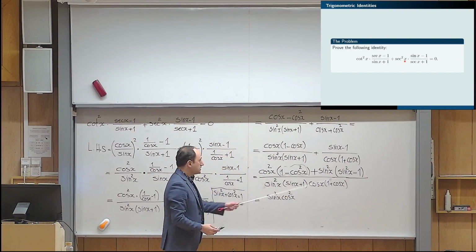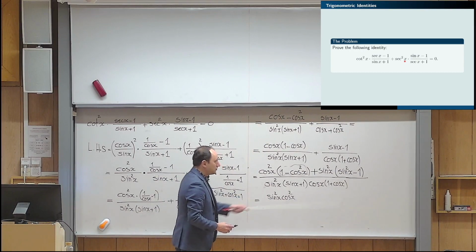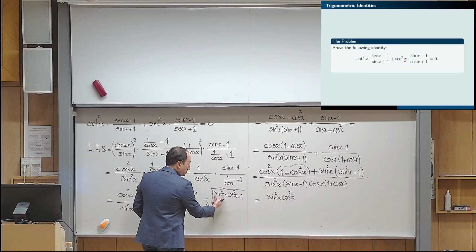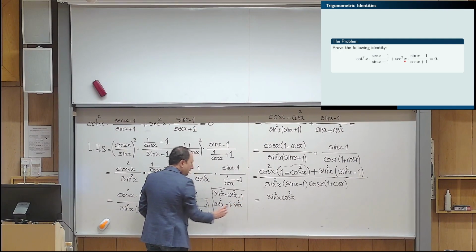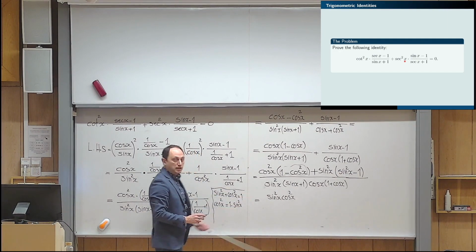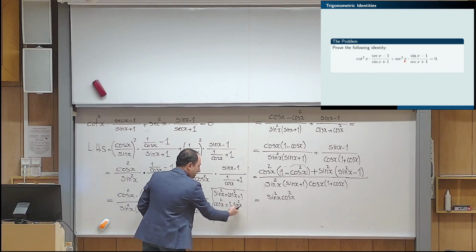But if I ask you the same question here, this is not exactly the right combination I need, because if I move this to the other side, cosine x squared becomes 1 minus sine x squared. But what appears here is not exactly this combination, it is this combination flipped.